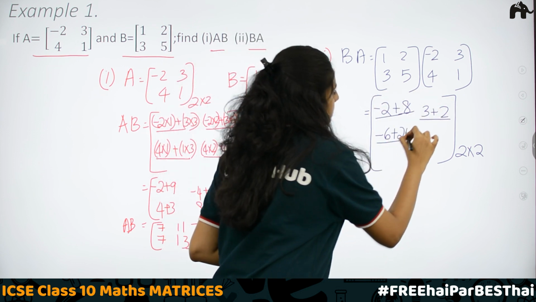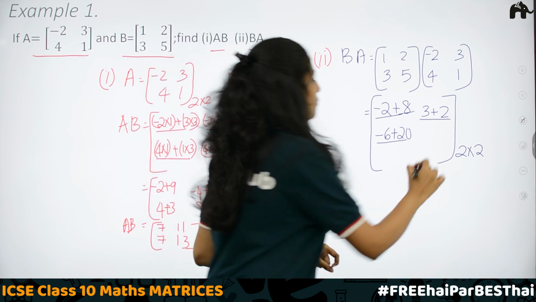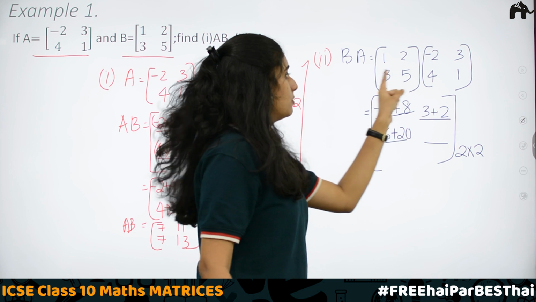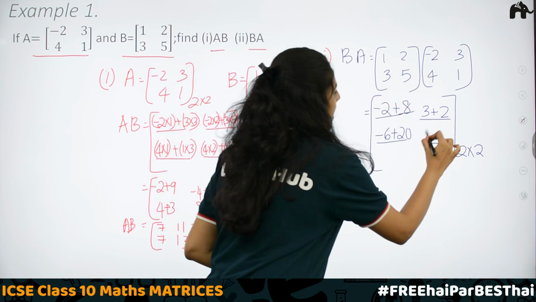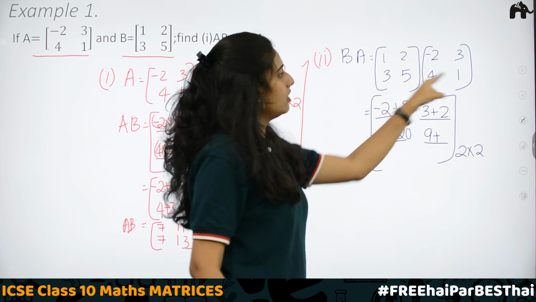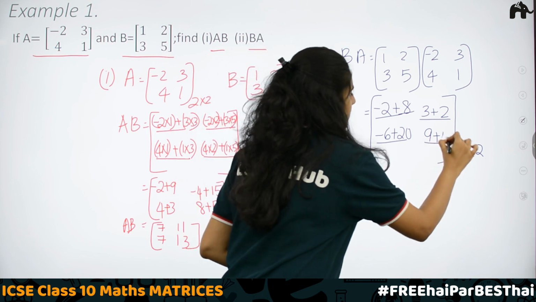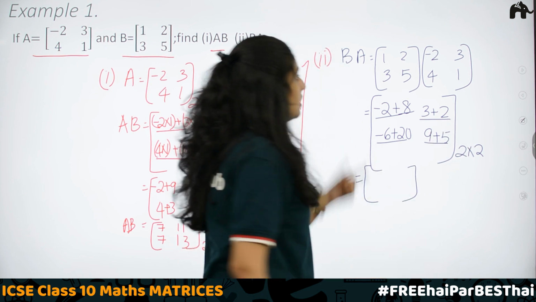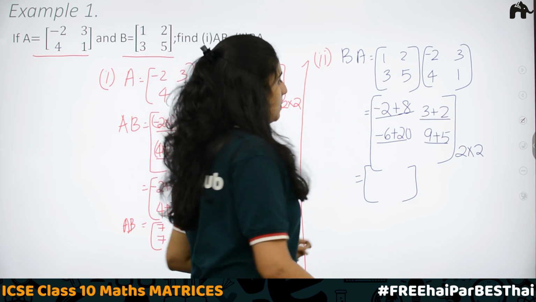Okay. Now the fourth one, second row, second column. 3 into 3, 9 plus 5 into 1, 5. Adding this, we will be getting the elements of BA, product matrix BA.